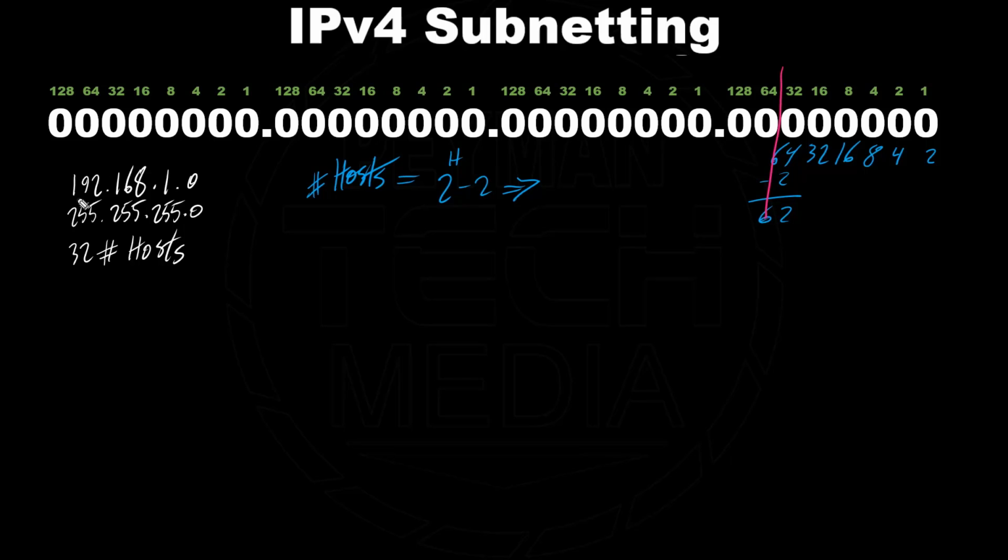So originally, with the class C subnet mask, we have 255. This is binary 255, first octet. And then the second octet also 255. This is the binary for 255, 8 bits all turned on. When we add all this, that's 255.